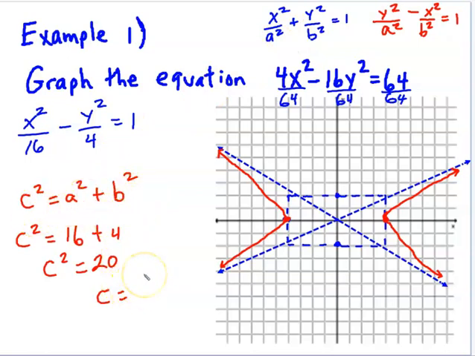Okay. All right, now that we're back on the right track, the square root of 20 is 4.5 rounded. Okay. So I'll just do it in black to make it a little bit different.